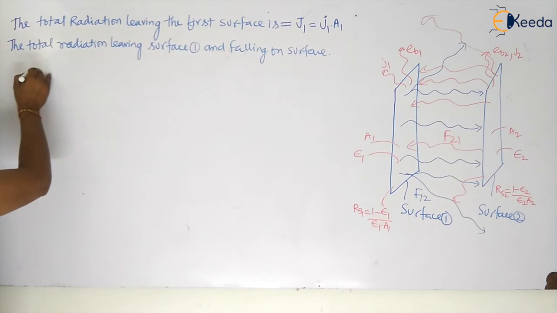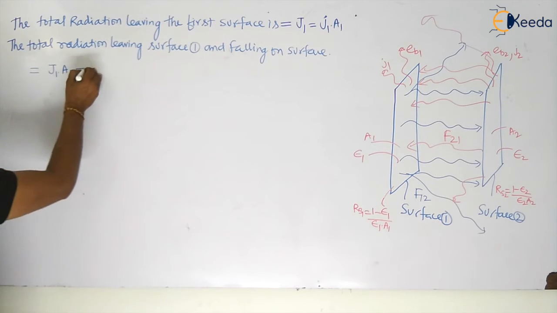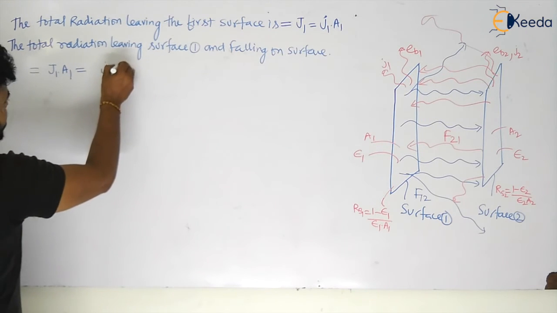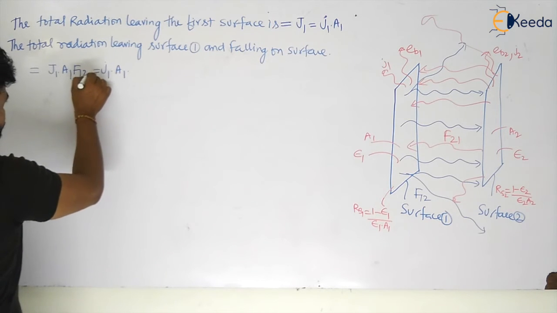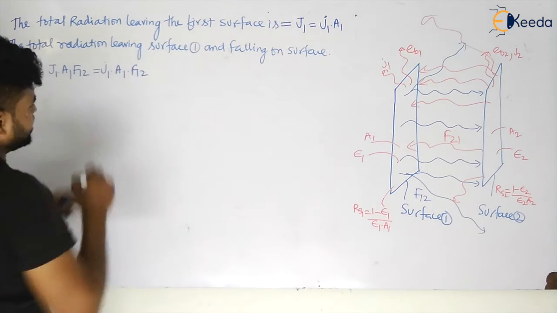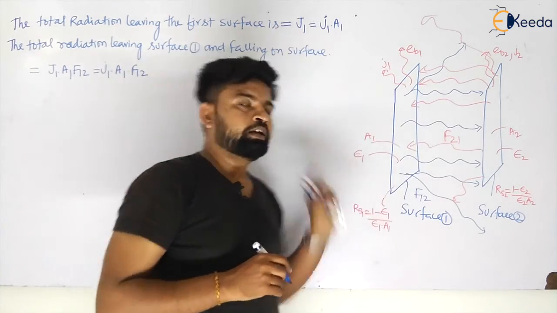This will be nothing but J1 A1, or I can write small j1 into A1 into F12, that is the fraction of radiation. Shape factor will decide how much radiation is leaving and reaching surface 2.